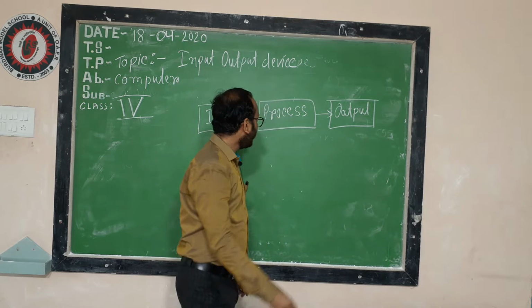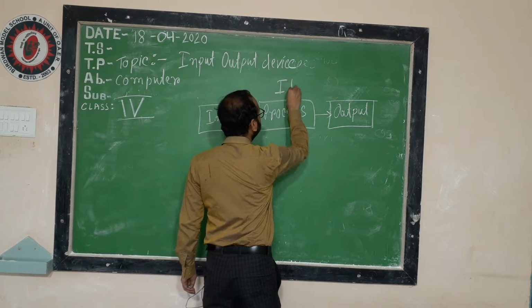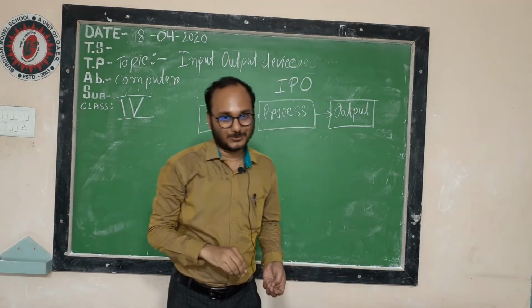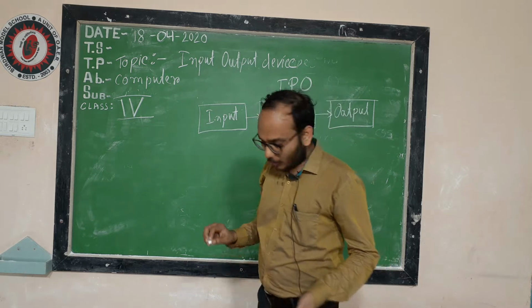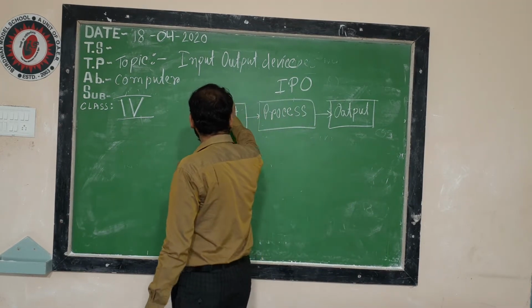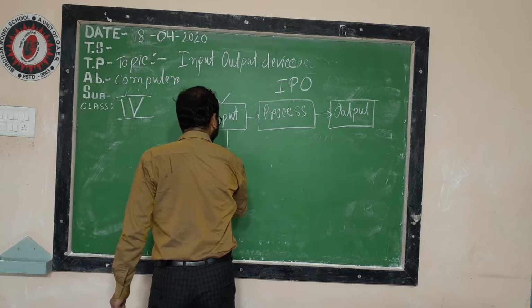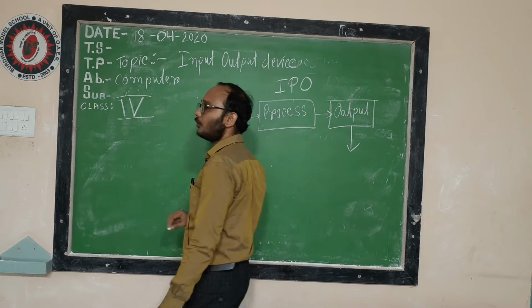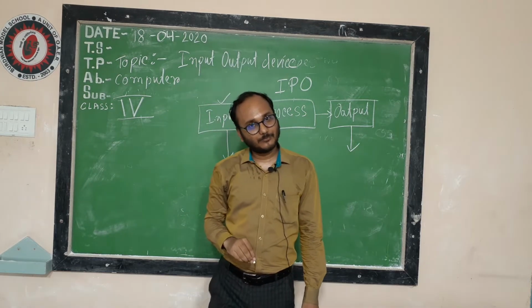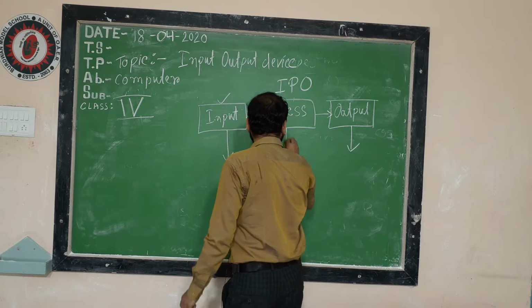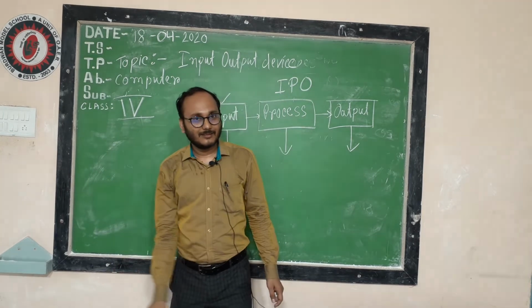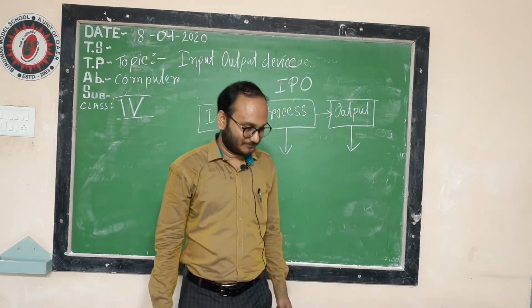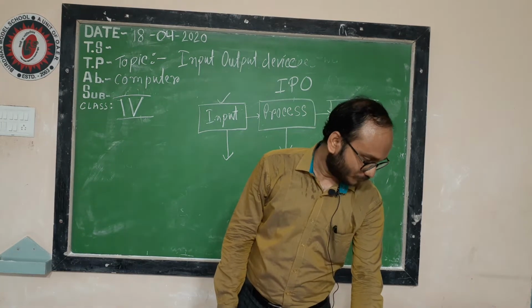Okay. So, short form is IPO. Now, for the input, we need input device, and for output we need output device. And for processing we also need the processing device. Device means the machine or the hardware.